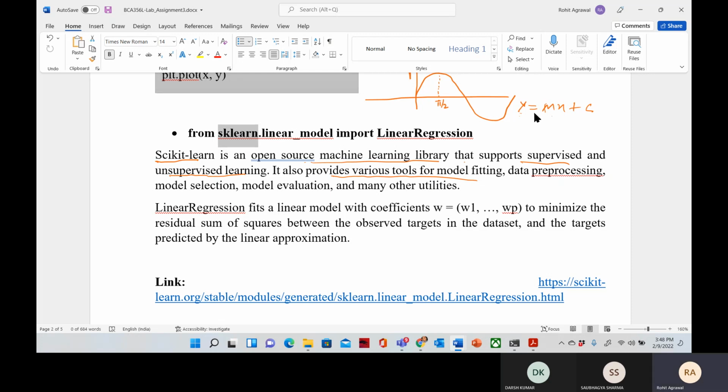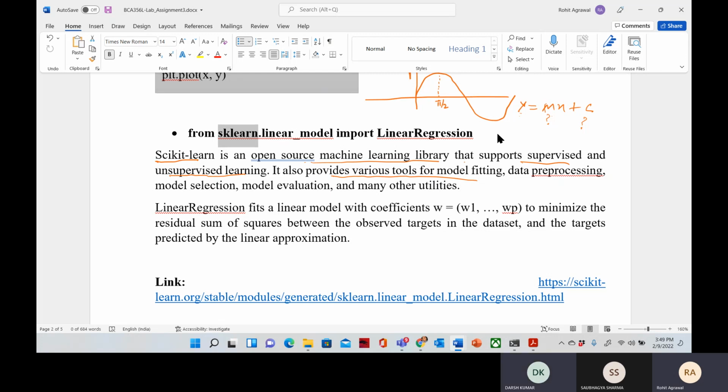For linear regression it is just a line, so we will find m and c. These are the parameters of our model, and using these we will predict the value of y whose value is not given but x is given.